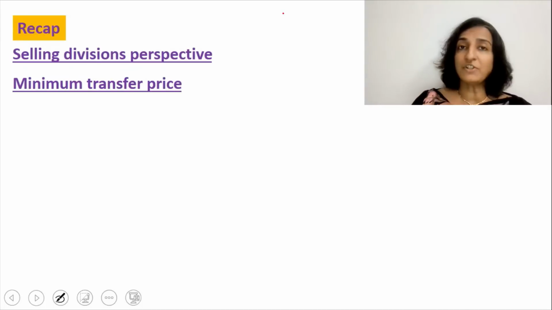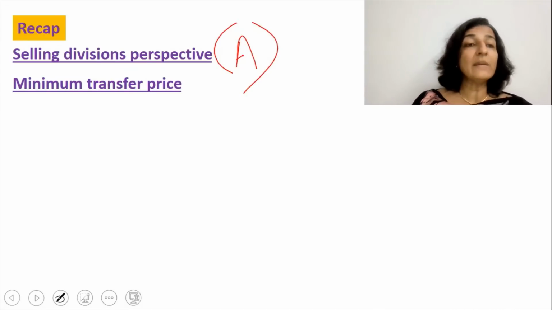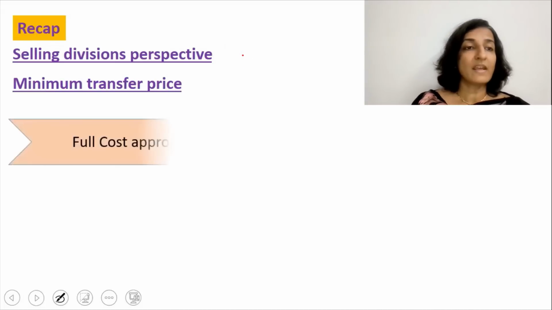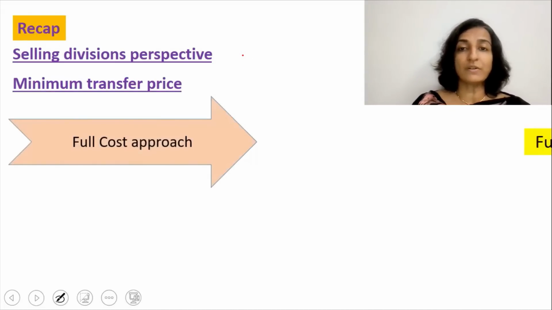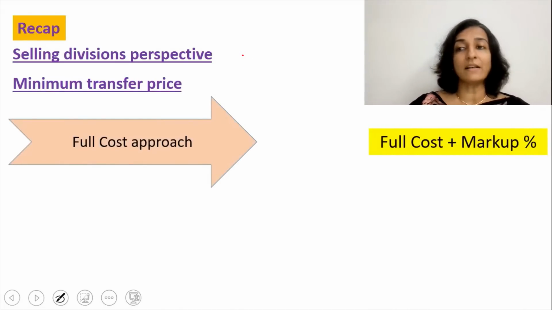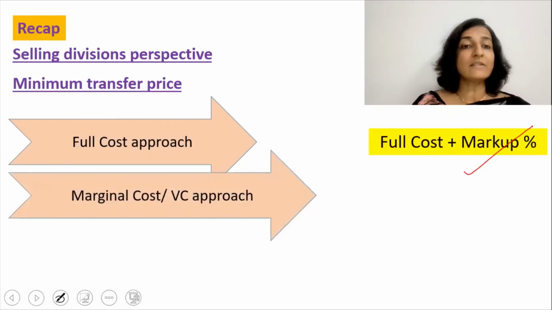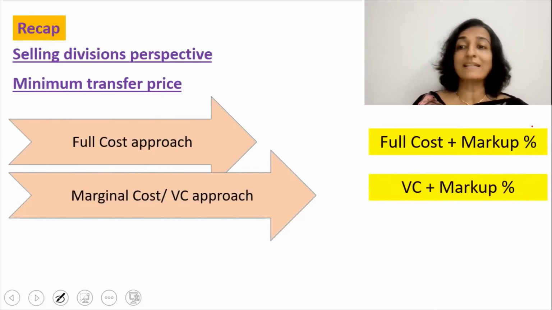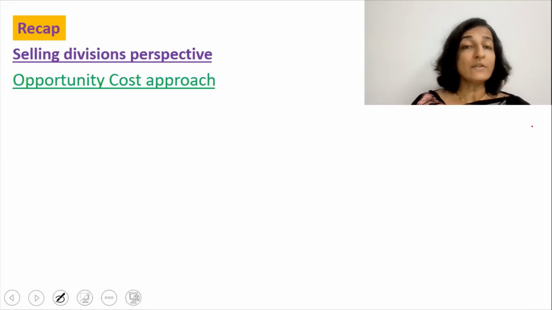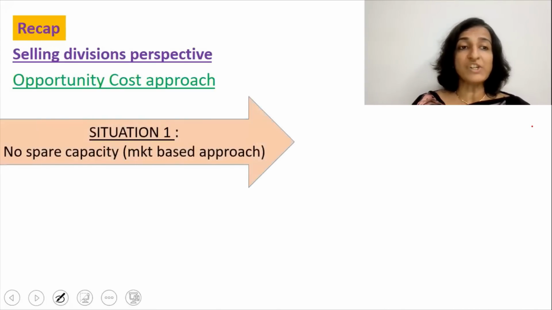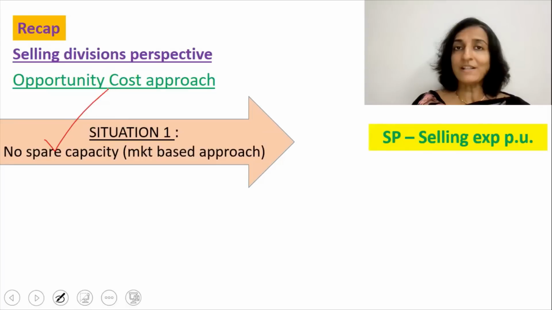Now, from the selling division's perspective, that is from the perspective of Division A, the minimum transfer price, in case of the full cost approach, is full cost plus the markup percentage. In case of marginal cost or the variable cost approach, it is the variable cost plus the markup percentage. And in case of the opportunity cost approach, for situation 1, that is where there is no spare capacity, it is selling price minus selling expenses per unit, also known as the market-based approach.